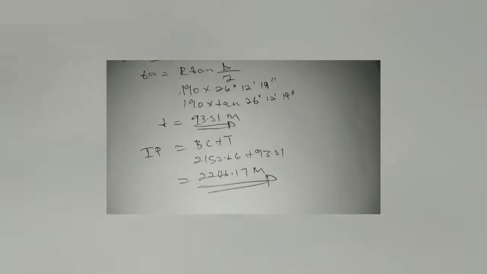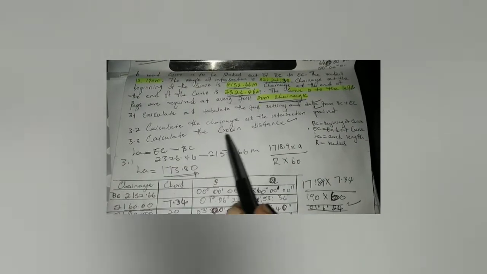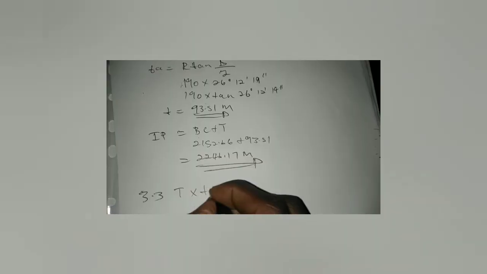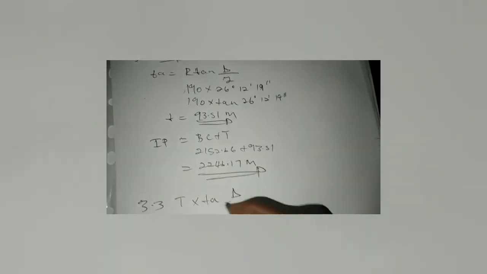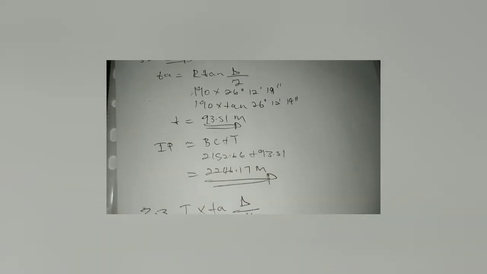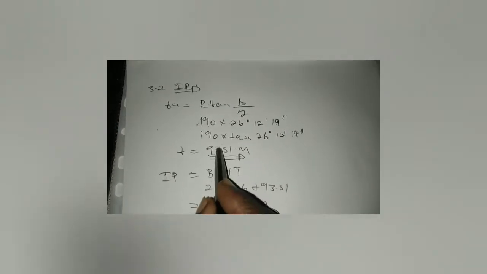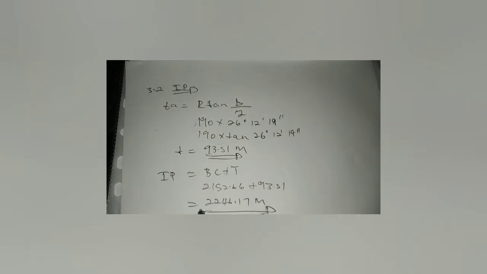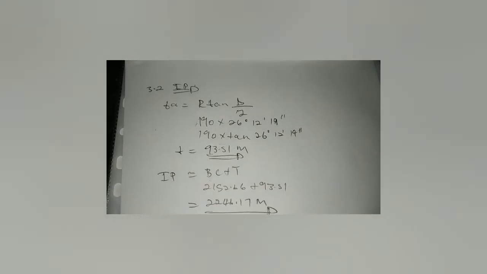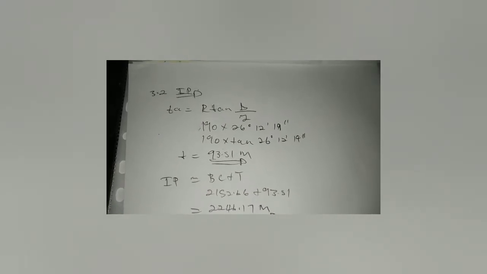Let's go to 3.3. Calculate the crown distance. The formula for the crown distance is T times tan the angle over 4. The T is 93.51, and this is our IP.